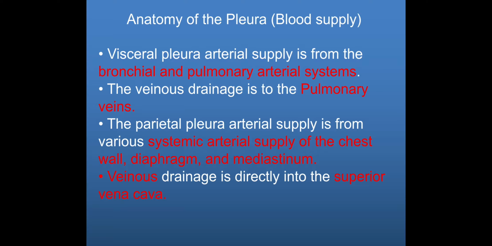The visceral pleura arterial supply is from the bronchial and pulmonary arterial systems. The venous drainage is to the pulmonary veins. The parietal pleura arterial supply is from various systemic arteries of the chest wall, diaphragm, and mediastinum. Venous drainage is directly into the superior vena cava.